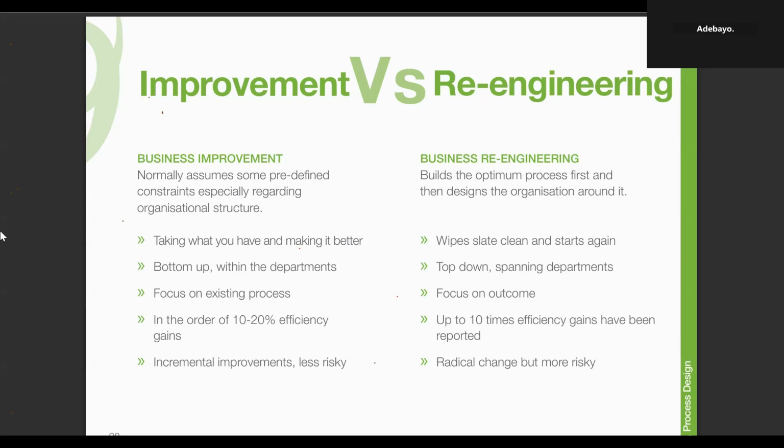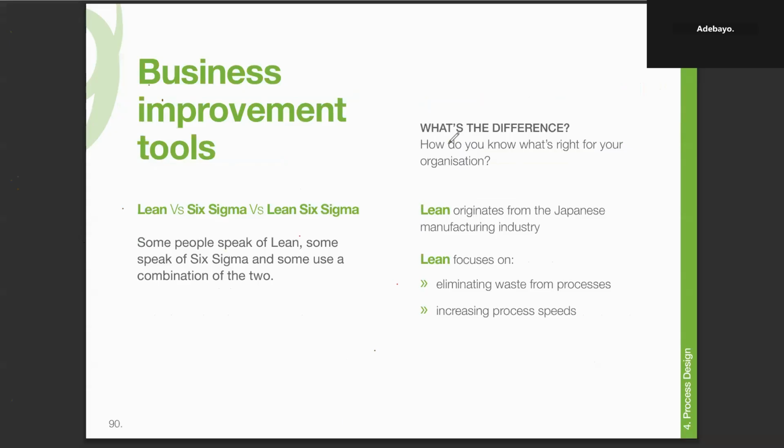And that is the difference between process improvement and process re-engineering. So mapping your current state and designing it will help you decide whether we can use this by tweaking it, that's process improvement, or we just have to junk that current state and create a whole new process, right, for the to-be state, which is process re-engineering.